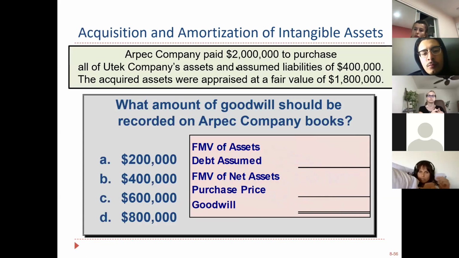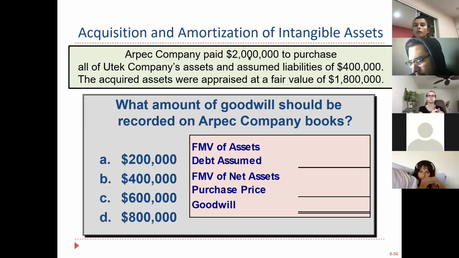RPEC paid $2 million to purchase a company called UTEC. UTEC had assets of so much amount and liabilities of 4 million, okay? You notice they're not telling us what the equity was in this company? It's because we don't care.